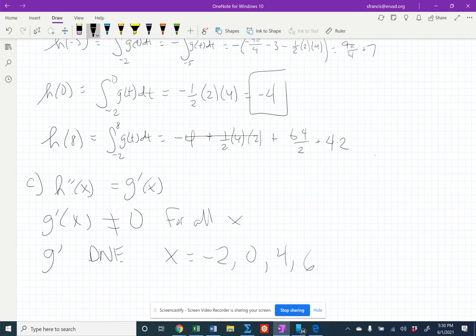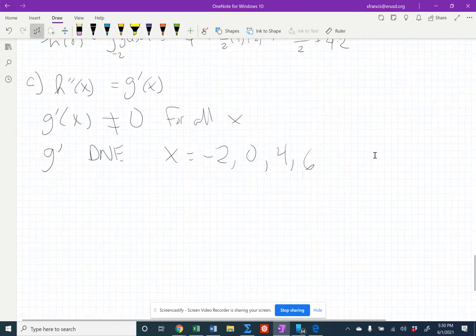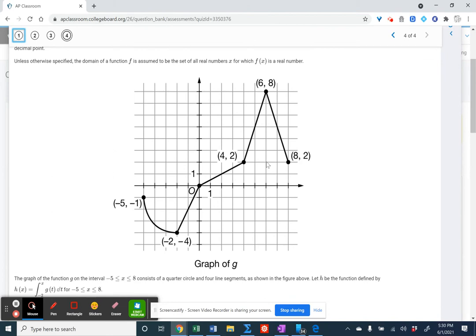That doesn't mean all of those are points of inflection. We need to see concavity change. So I need to see this graph go from here at -2. The graph is decreasing before and increasing after. So -2 works. Now at 0, it doesn't work. This is going from increasing to increasing more. And same thing at 4. It's increasing and increasing. So G double prime is positive before and positive after.